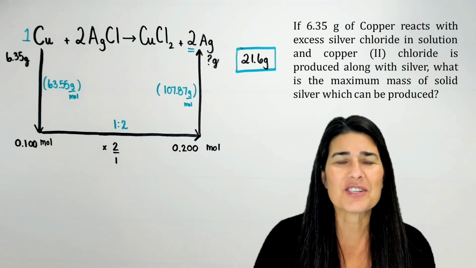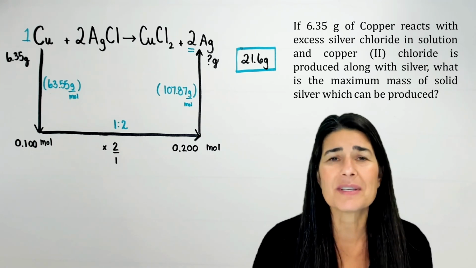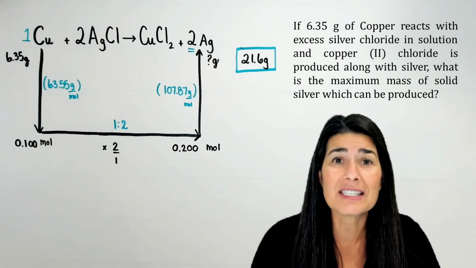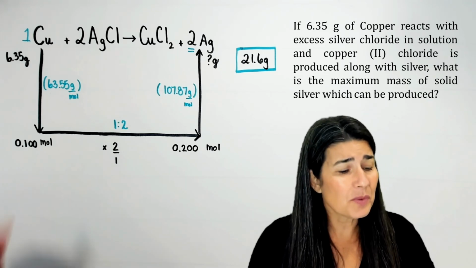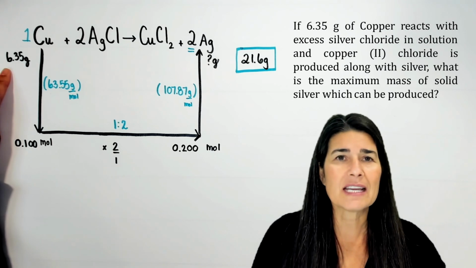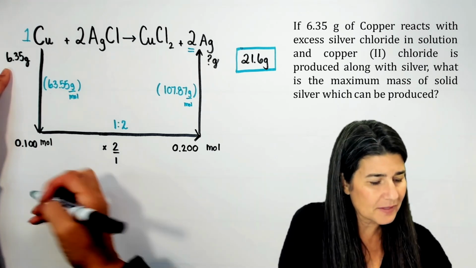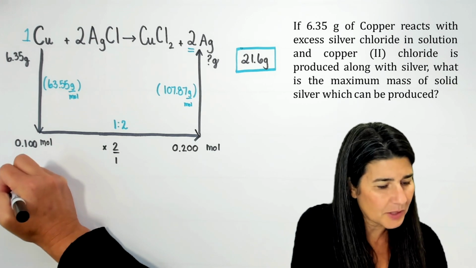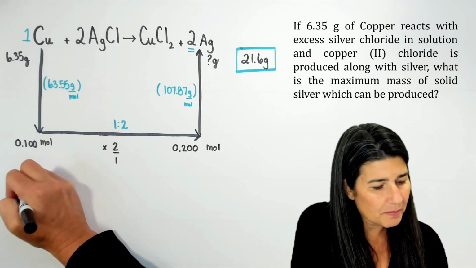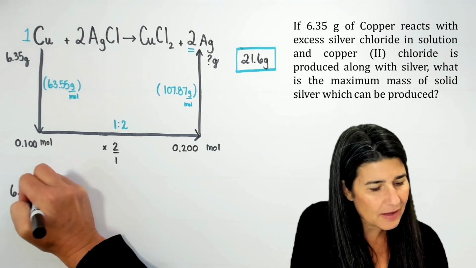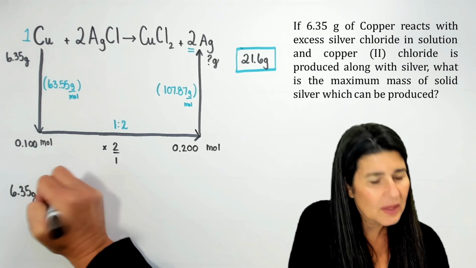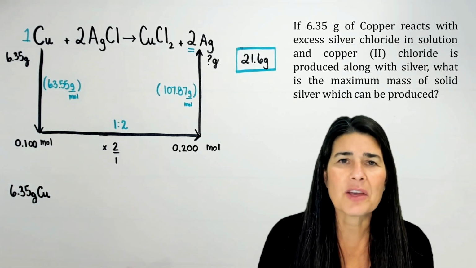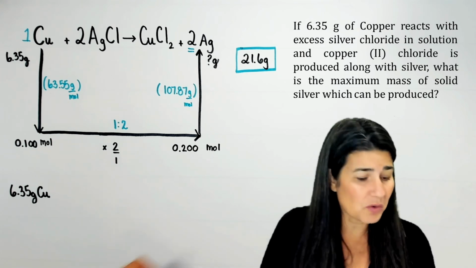And I also want to show you how this correlates to exactly what you would have done with dimensional analysis. We'll do this first time. If we had done this just using a string of conversions, we would have started with 6.35 grams of copper. Okay, so I'm going to write that right here. 6.35 grams of Cu. Then you would have said, I don't want grams of Cu. I want to go to moles. I can always go grams to moles.